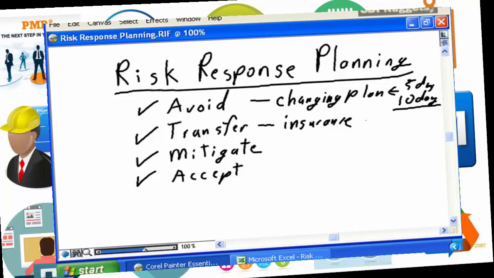Another form of transference is to contract out. As part of doing your project plan, you determine there is a risk that my project team will not have the skills to complete a certain subsection of the project. We have a very technical interface that must be created.